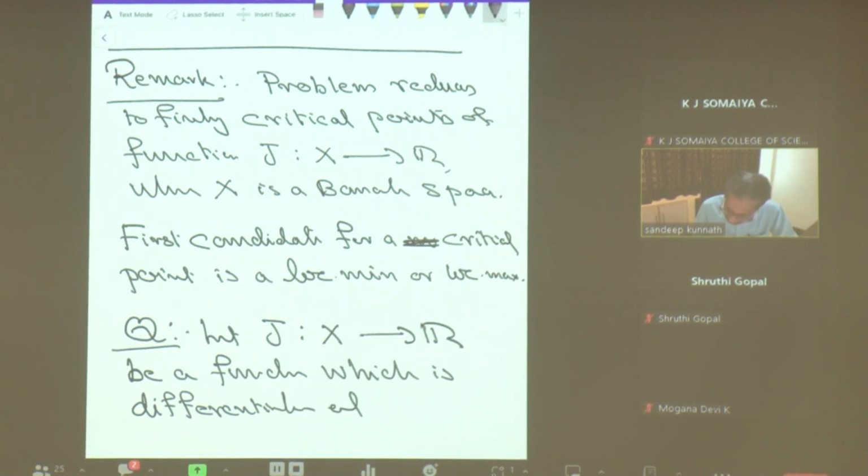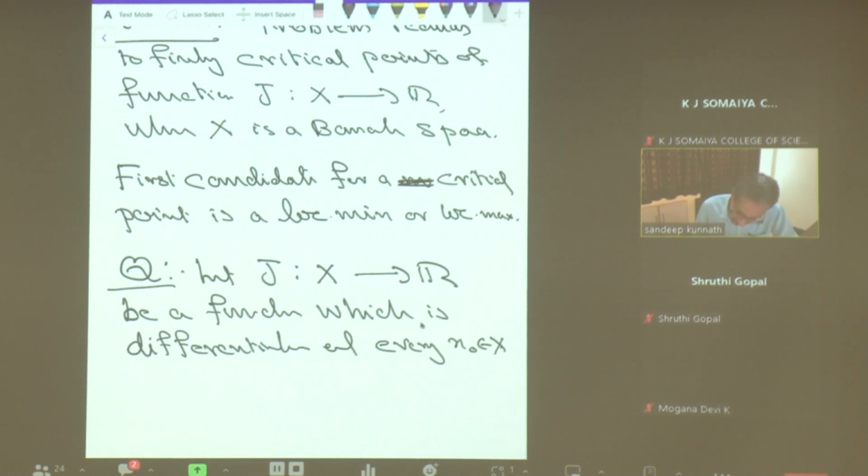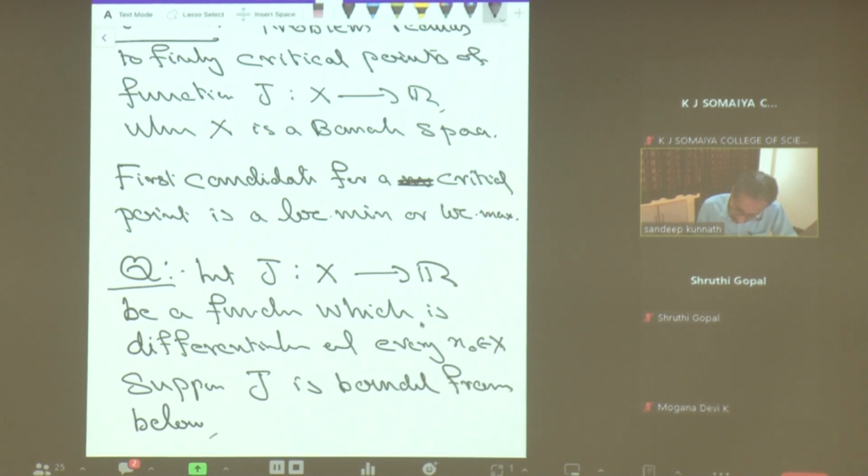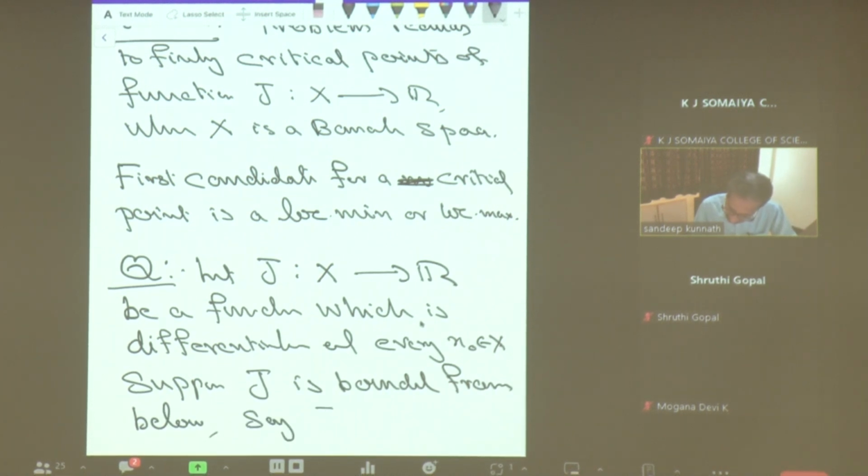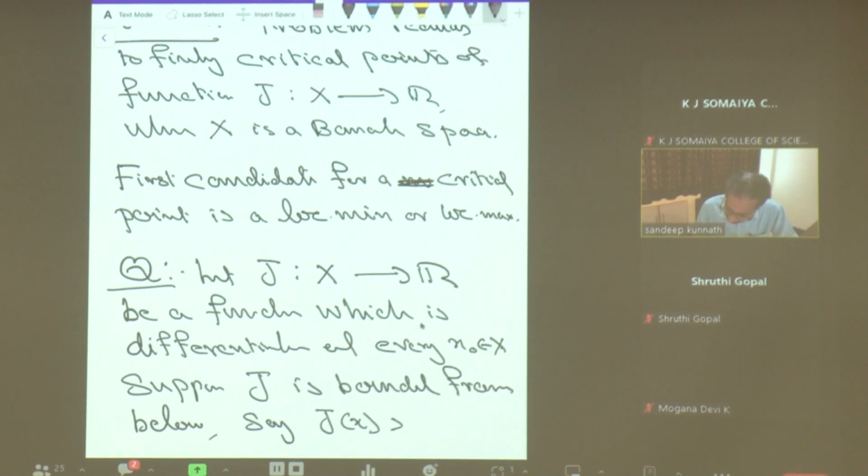Differentiable at every, say, x naught element of X. Okay, and suppose J is bounded from below, say J of x is greater than or equal to some m for all x in X. Okay.